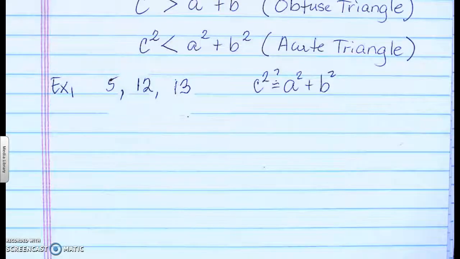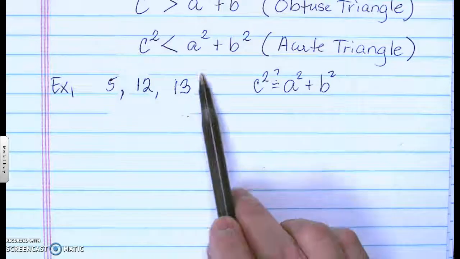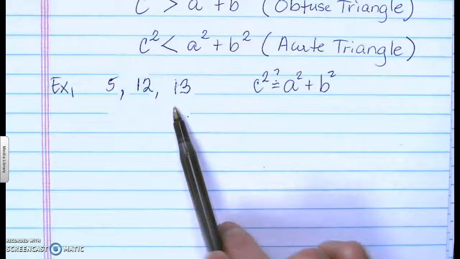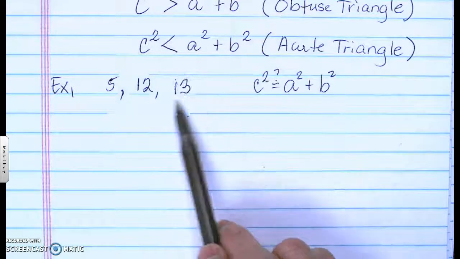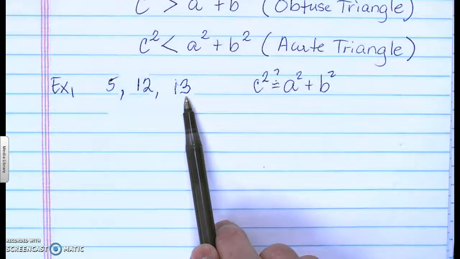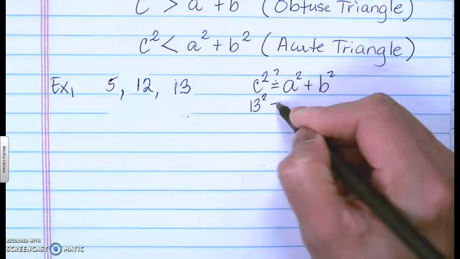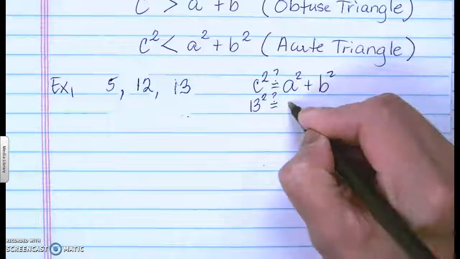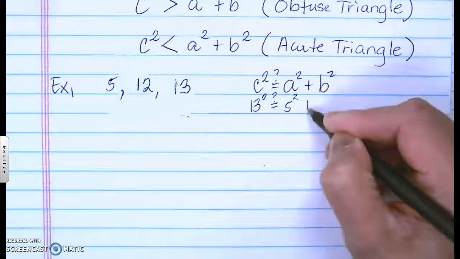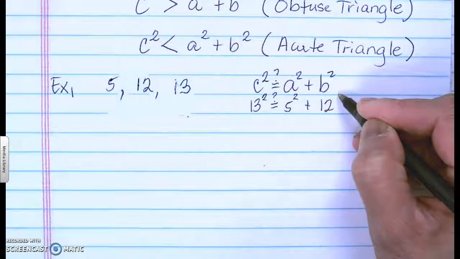The thing that you have to make sure you do is to make sure that the longest side is set aside and assumed to be your hypotenuse. So we will set this aside and put this as our c. So that will be 13 squared. Is that equal to 5 squared plus 12 squared?